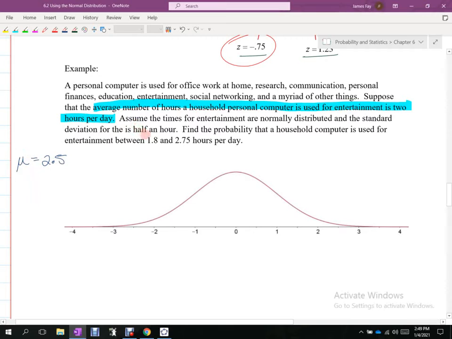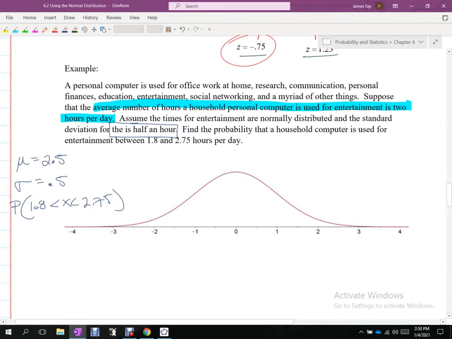It says assume the times for entertainment are normally distributed and the standard deviation is half an hour. So the standard deviation is 0.5. Okay. It says find the probability that a household computer is used for entertainment between 1.8 and 2.75 hours. Okay, so that's how we would write that.